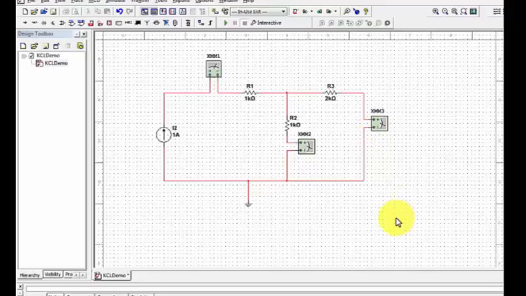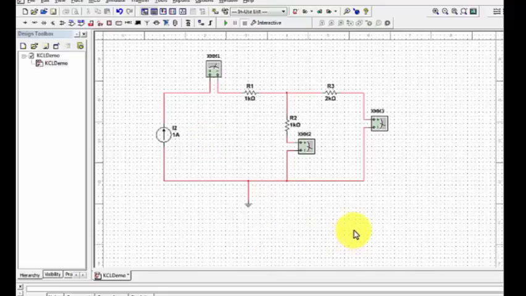When you connect a current meter, you need to connect it in series in the circuit, because the current must flow through the meter, then the meter can tell you the current value. So now, let's review what is KCL, Kirchhoff's current law.